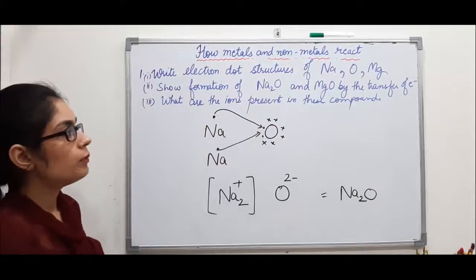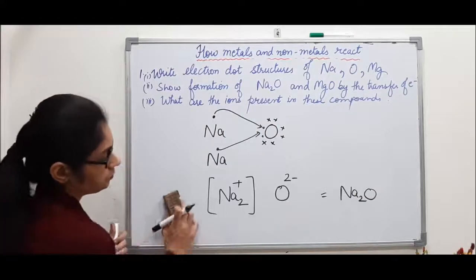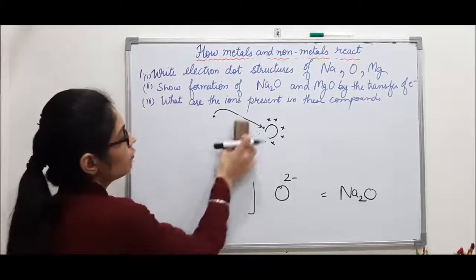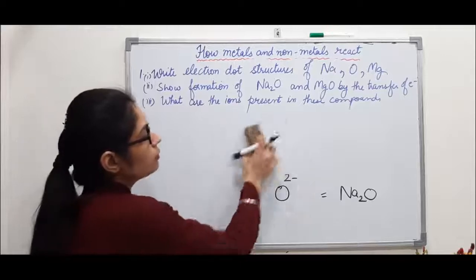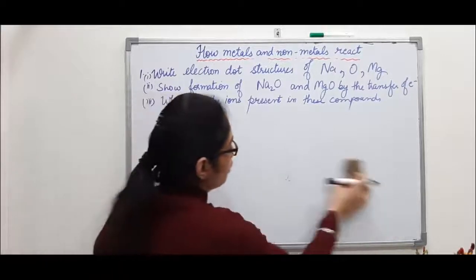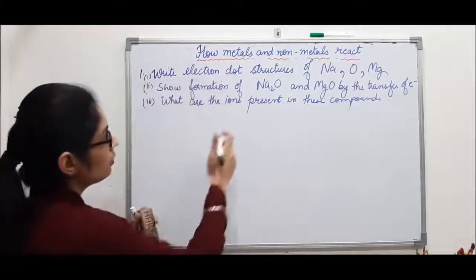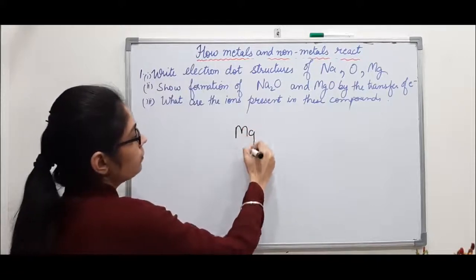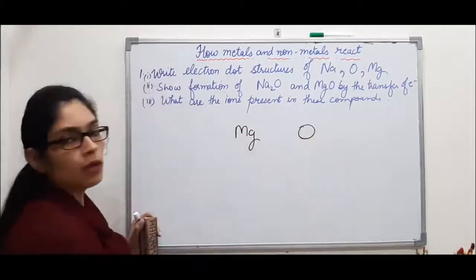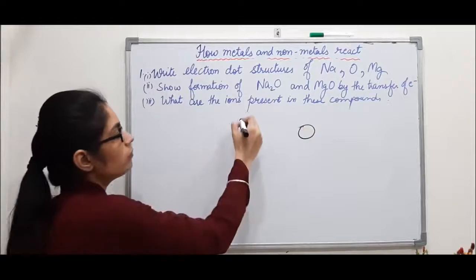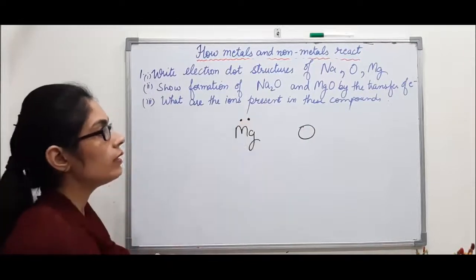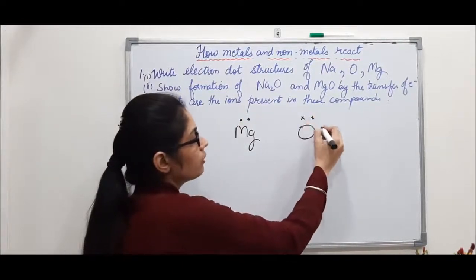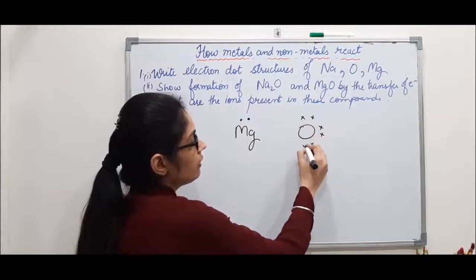Now let's do the formation of magnesium oxide. We just have to do the transfer of electrons as per the requirement. So magnesium, number of electrons in outermost shell, we have already done, it's 2, and in case of oxygen, number of electrons in outermost shell, it is 6.